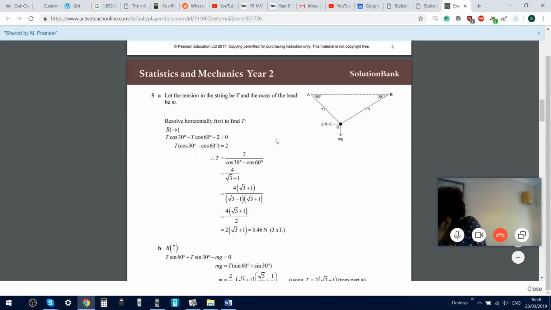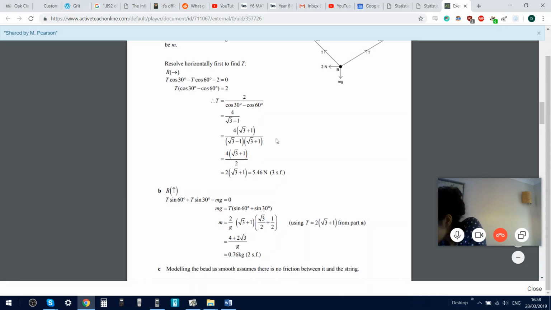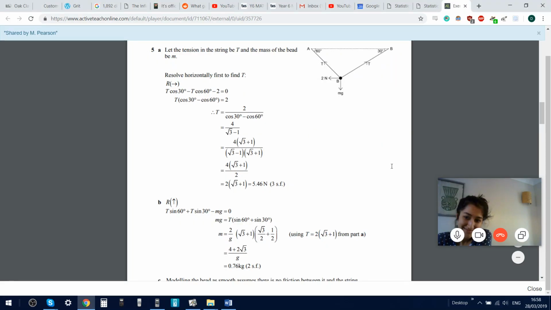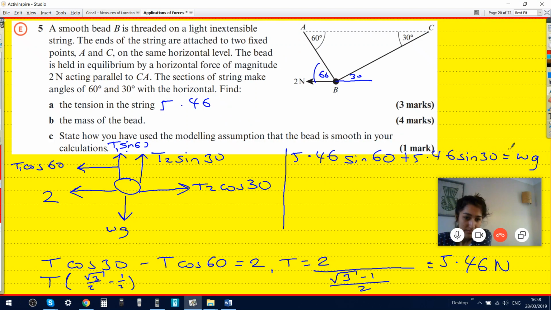5.46 for A, and then B, I knew it. You have to divide by G. 0.76, because you divide it by G. It's because the last time they asked for weight, this time they asked for mass. Oh, okay. And force equals mass times acceleration.